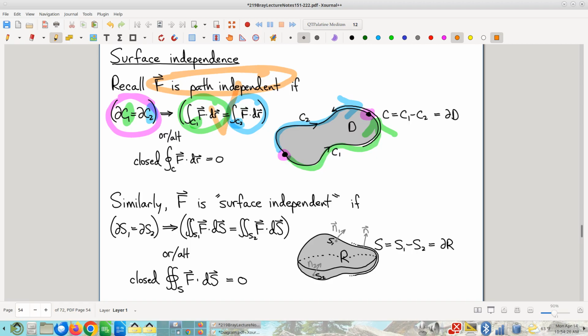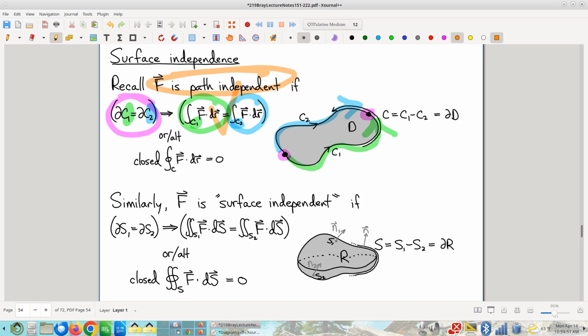Not all vector fields have this property. Cannot emphasize enough. Some, actually very few in some sense. It's a very special property for a vector field to have. But some vector fields have this feature that no matter which blue and green curves you pick, boundaries agreeing, of course, you'll always get the same value for the line integral.